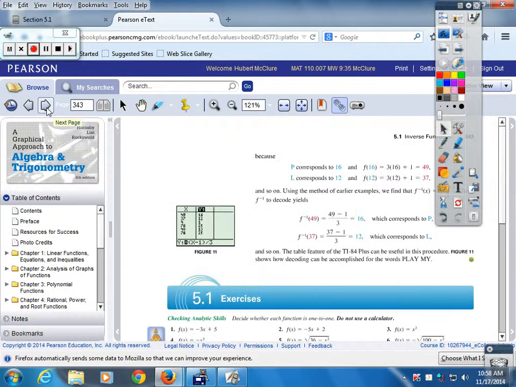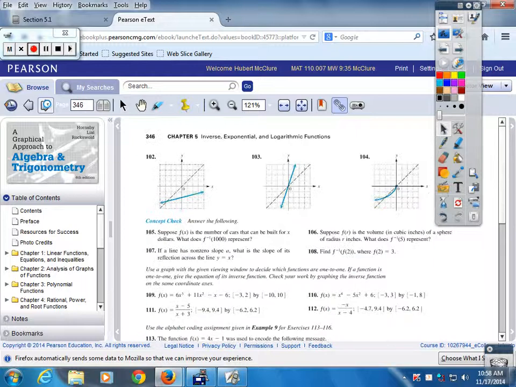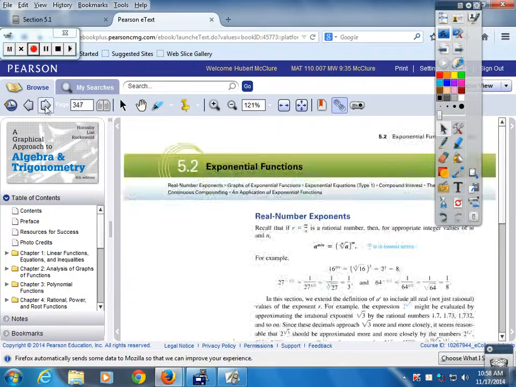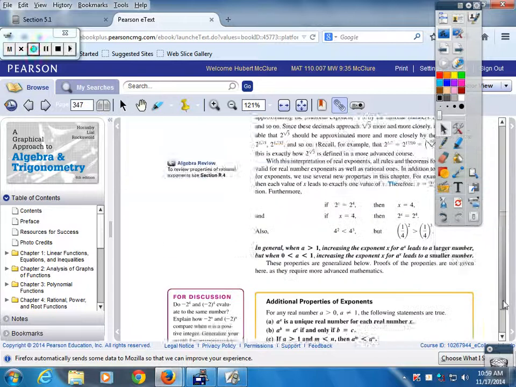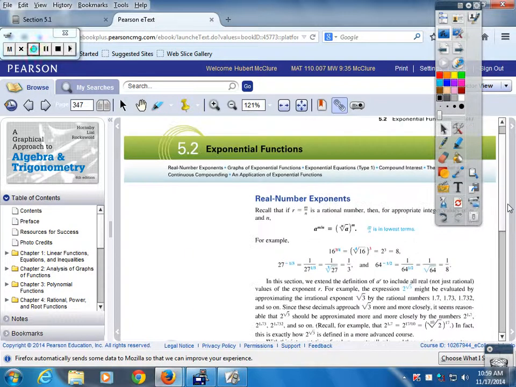That goes into the homework. 5.2 exponential functions. Oh well, I guess I'll just call it a day. We'll go over 5.2 next. Logarithms after that? Yeah, logarithms is after this.